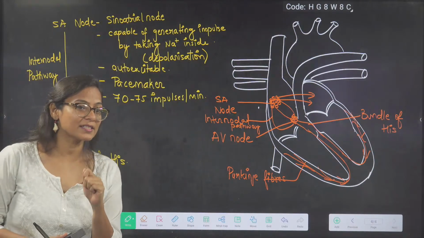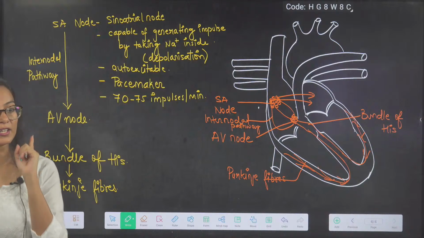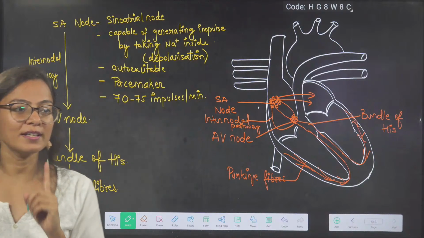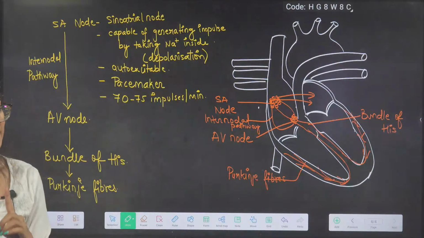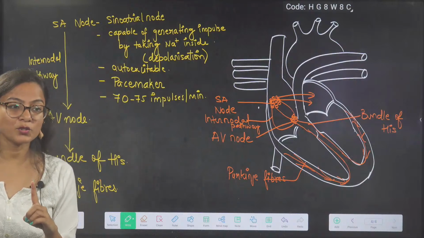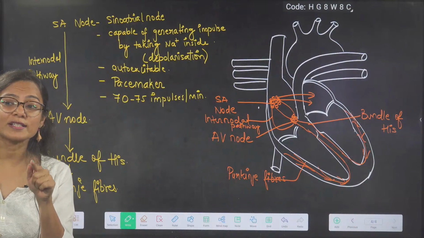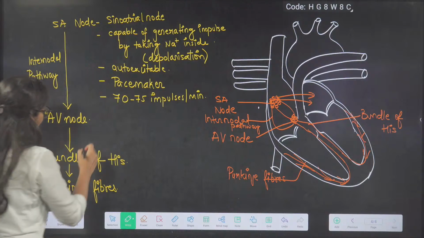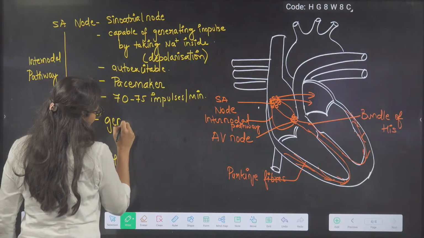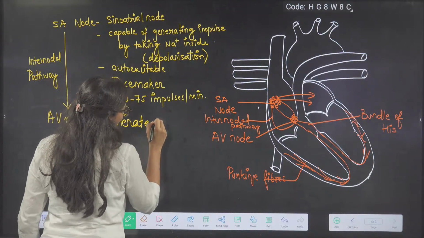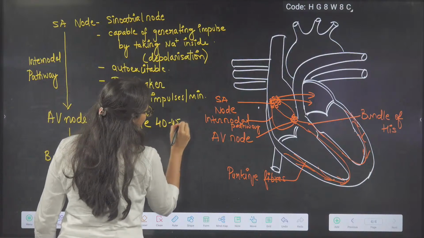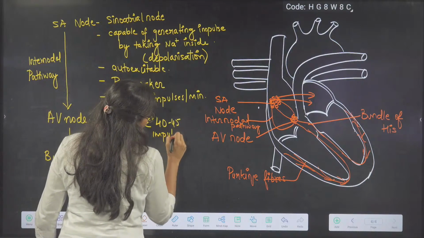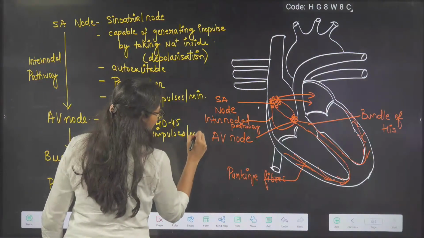Now please understand this thing, that the AV node can also generate impulses, right? They are also muscle tissue. They are also auto-excitable. But then there is a difference. The AV node can generate around 40 to 45 impulses per minute.